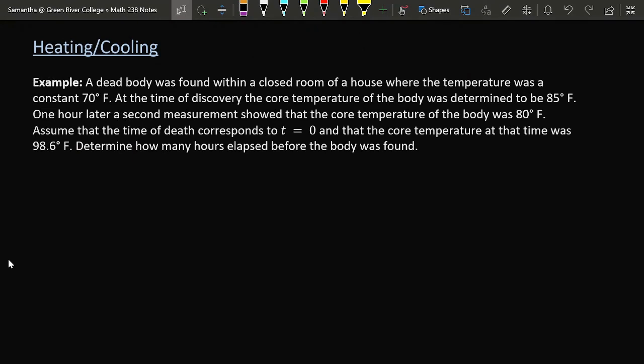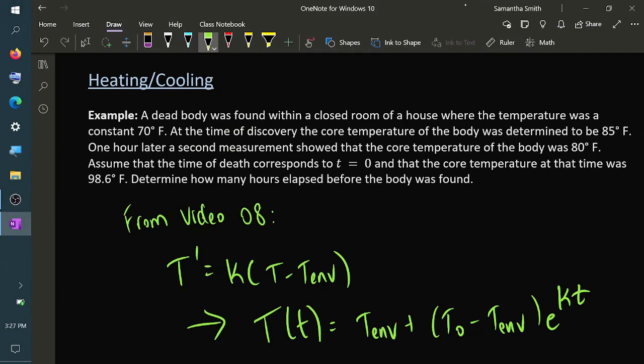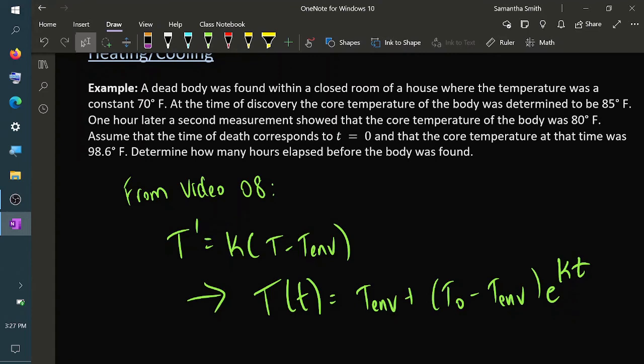Let's go back to Newton's law of heating and cooling. So recall in video number 8, when we were practicing using integrating factors, we saw that if you took the general solution to the ODE corresponding to Newton's law of heating and cooling, then the solution was given by the temperature at time t is equal to the temperature of the environment plus the difference between the initial temperature and the temperature of the environment multiplied by e to the kt.